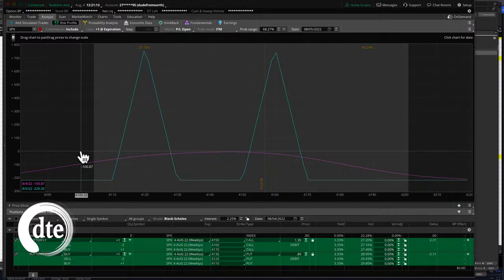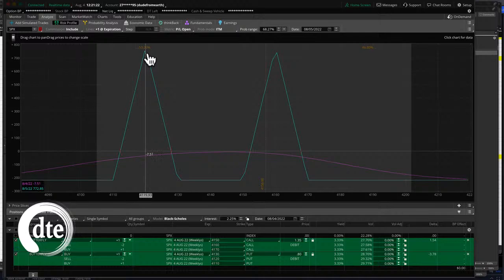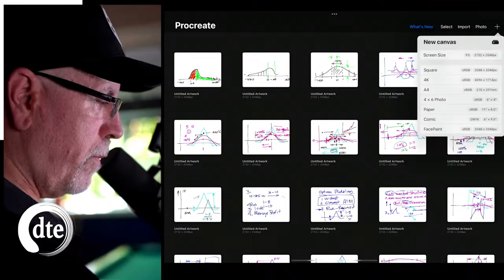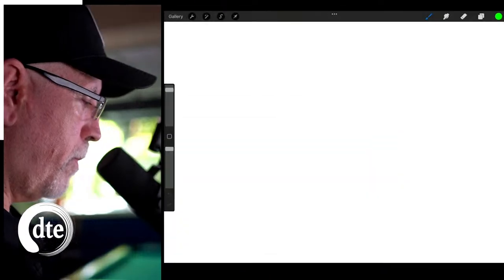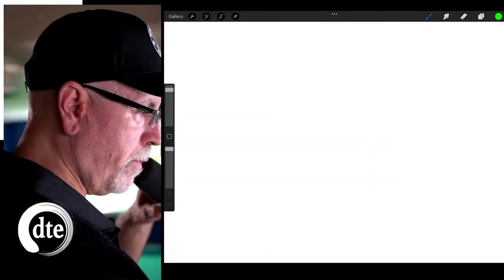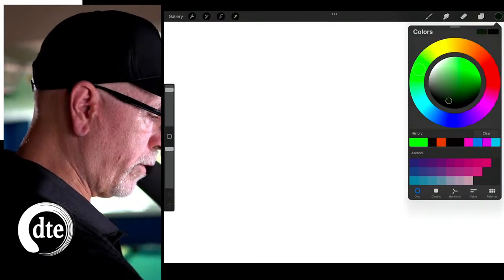Yeah, let me go back to the whiteboard and describe how it's going to grow. Let's draw the risk graph.